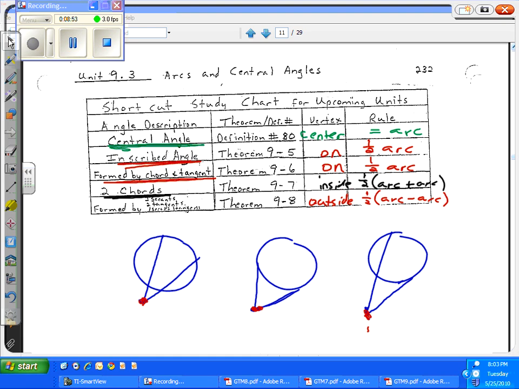So this angle out here is 1/2 of this big arc minus this little arc.